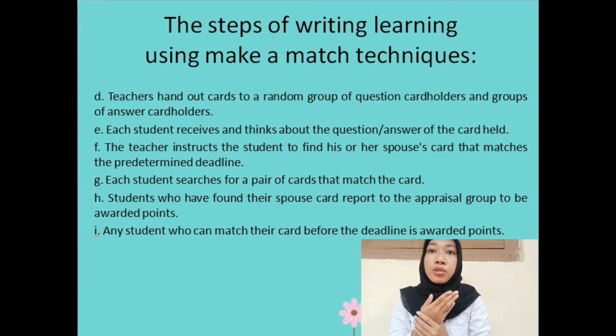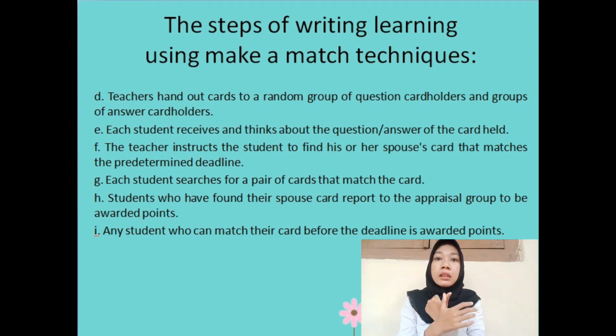Fifth, each student receives and thinks about the question or answer on the card held. Sixth, the teacher instructs the students to find his or her spouse's card that matches within the predetermined deadline.